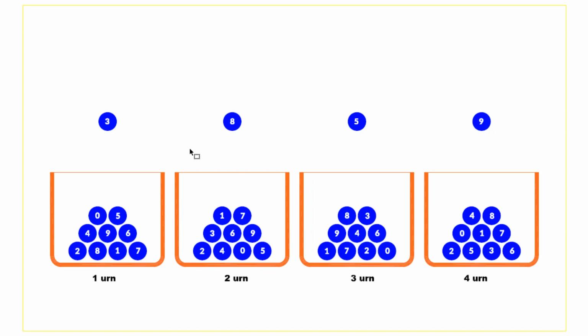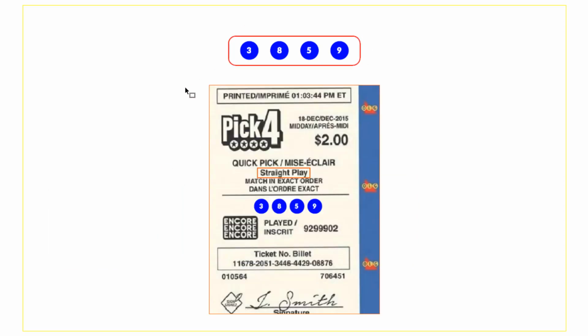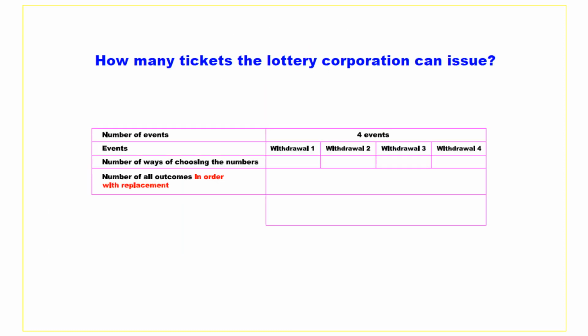Now these 4 balls are going to form a sequence of 4 numbers, and these 4 numbers are going to be a ticket number. So all these balls are losing balls now, and these are the winning one, and this is how the ticket looks like.